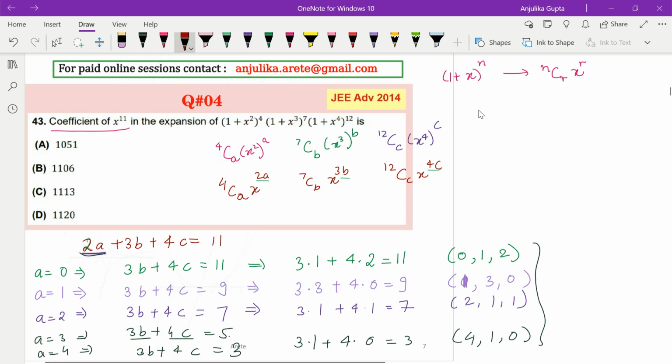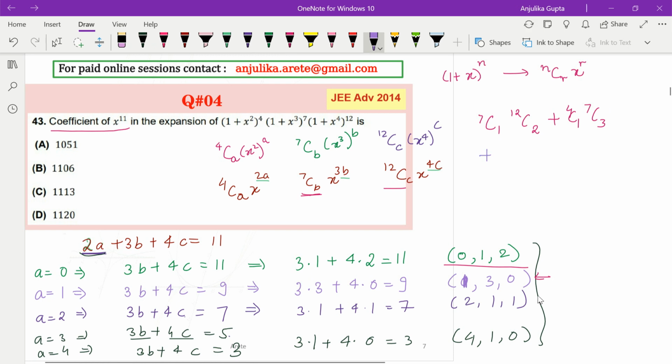Now let's try to get the coefficient at one place. What coefficient do we get? 4C0, that's 1 only, let's not write that. With 1 you get 7C1, that's the coefficient you get from here, and from here you get 12C2, that's the coefficient. Now let's add another coefficient which you get from here: 4C1, then 7C3, and then 12C0, that's 1.